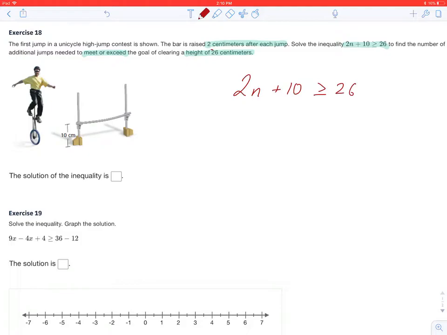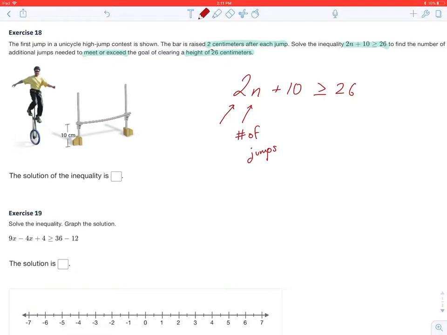So let's break down what these numbers actually mean in this problem. That 2, well, we saw the number 2 when we read that 2 centimeters after each jump is what the bar is being raised by every time after each jump. So what that likely means is that n is the number of jumps that have occurred, because every time that we take a jump, we're going to multiply that by 2.